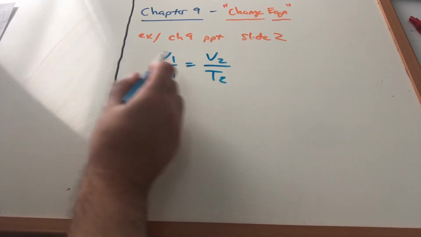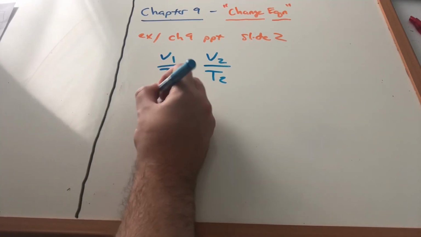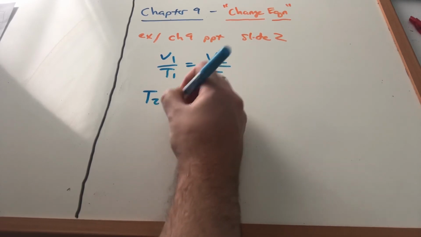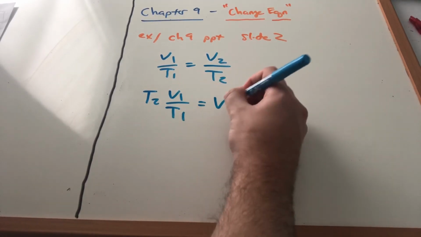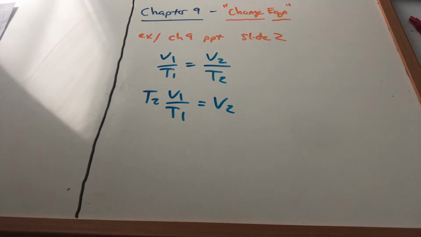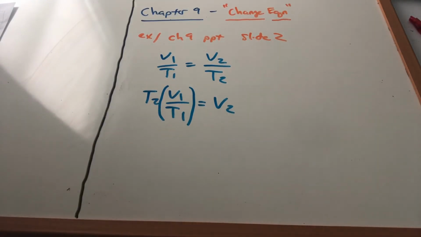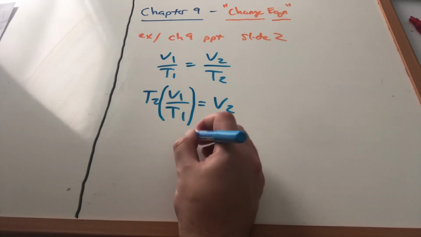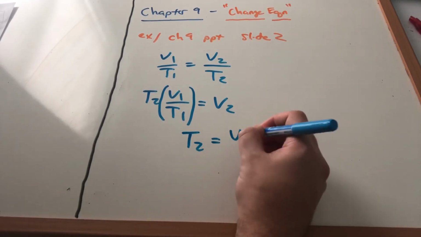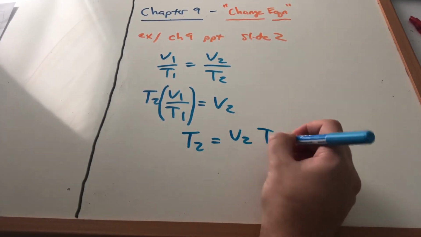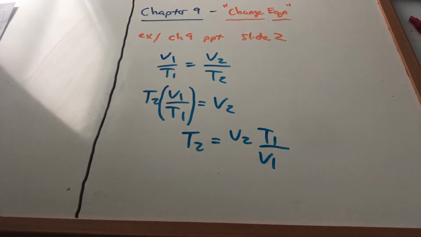So let's multiply both sides by T2. T2 times V1 over T1 equals V2. And then let's isolate T2 by taking this fraction and multiplying both sides by its inverse. So T2 is equal to V2 times T1 over V1.